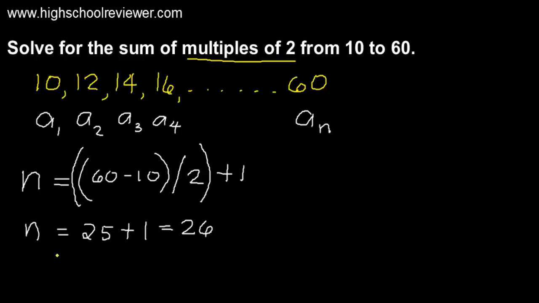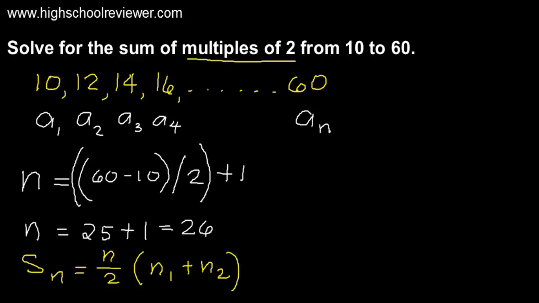The formula for the sum is S sub n equals n divided by 2, or rather multiplied by, a sub 1 plus a sub n.